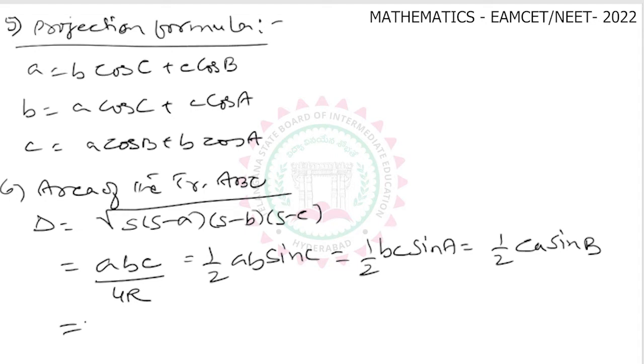One more formula is that delta is also equal to 2R square sin A sin B sin C. Is it clear? Then next, some more formulae are there in terms of half angle.